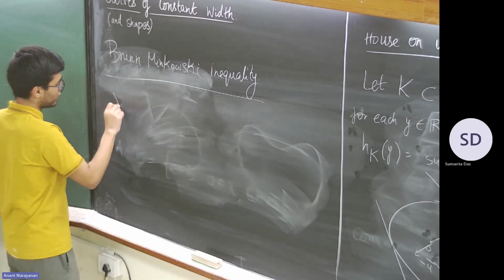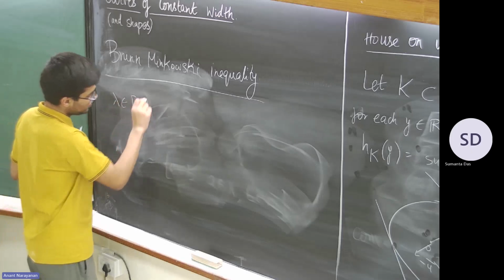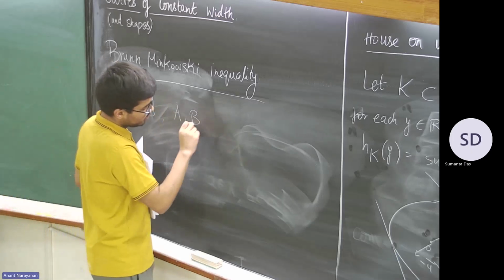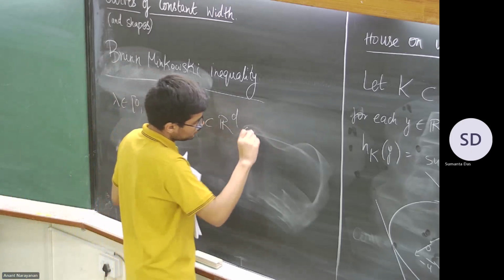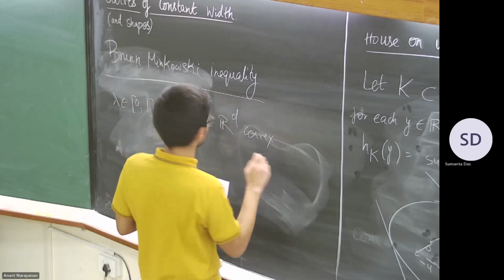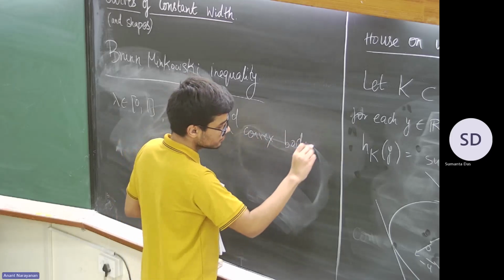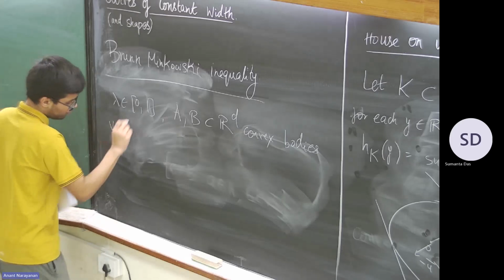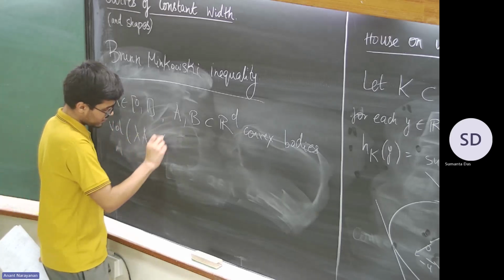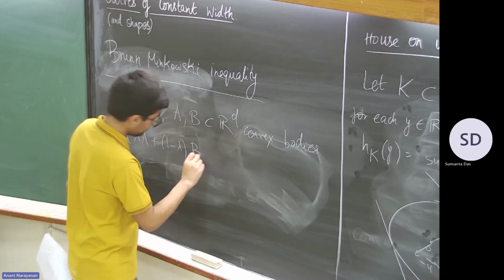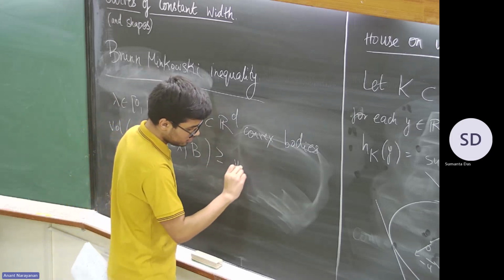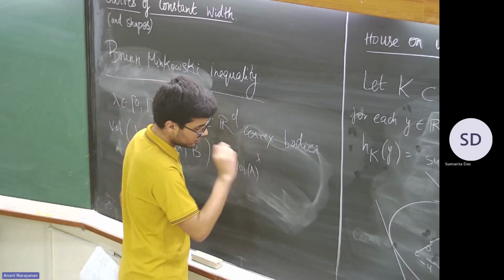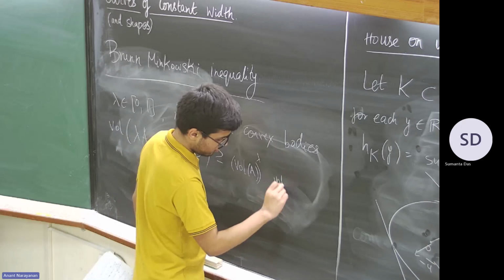If I take lambda in (0, 1), and take A and B to be convex, then the volume of lambda A plus (1 minus lambda) B is greater than or equal to the volume of A to the lambda times the volume of B to the 1 minus lambda.